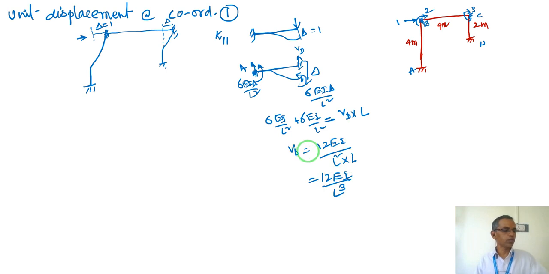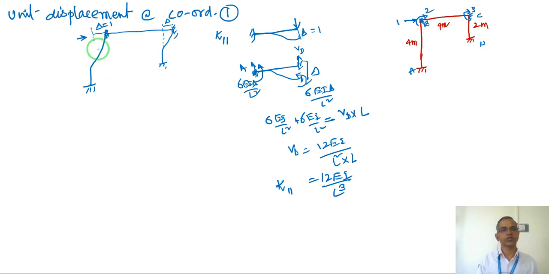This is the shear force developed in the joint B, which is the coordinate direction 1. So that is K11. Is this clear?